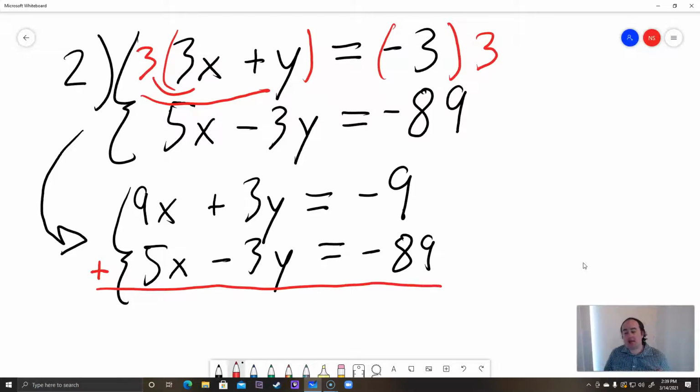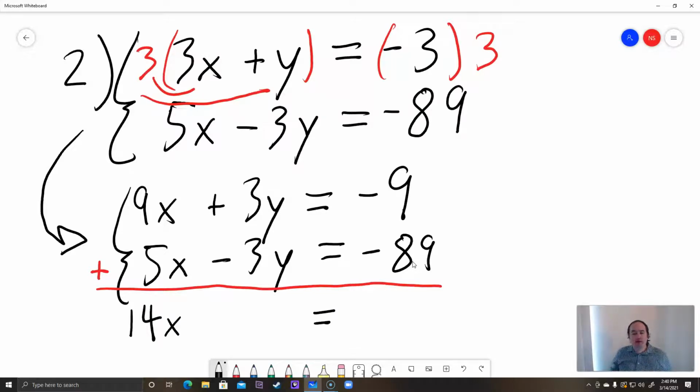Okay, so adding straight down, we get 9x plus 5x is actually going to be 14x. And then the y's just cancel out. In other words, we eliminate the variable y. So we have 14x equals negative 9 minus 89.